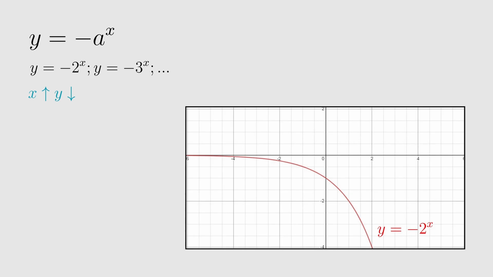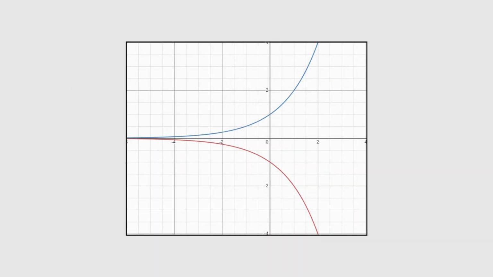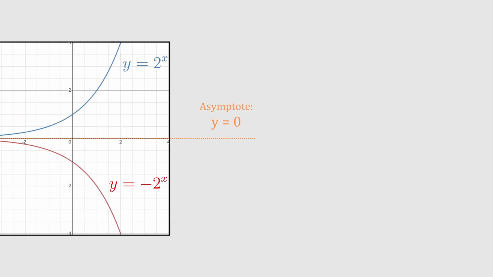Thus, your graph will look like this, with y equals 0 being your asymptote yet again. If you plot y equals 2 to the power of x and y equals negative 2 to the power of x on the same axes, you can see again that they are symmetrical, more specifically symmetrical about the x-axis. So, with all this knowledge, we can move on to the example.